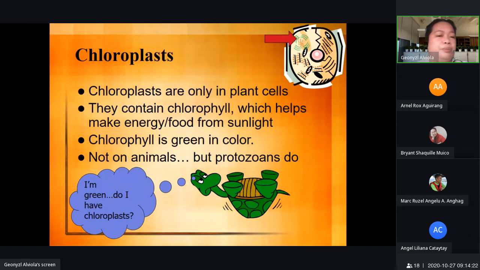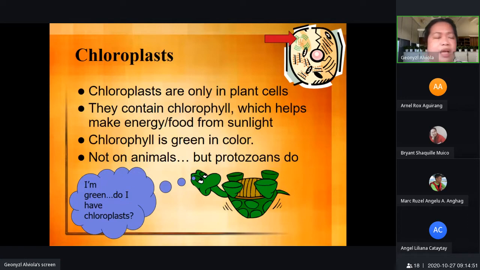Chloroplast. Chloroplasts are only in plants. Oh, no. Chloroplasts are also present in protozoans, but not in animals. They contain chlorophyll, and chlorophyll has several types: chlorophyll A, B, and also chlorophyll C. Each chlorophyll contains a pigment.